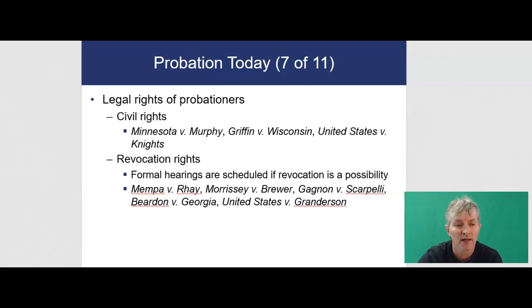This was decided in Morrissey versus Brewer in 1972. A judge may deny a probationer access to an attorney in revocation proceedings if the case does not result in revocation. This was decided in Gagnon versus Scarpelli in '73.